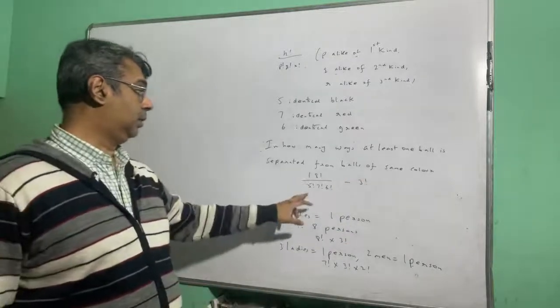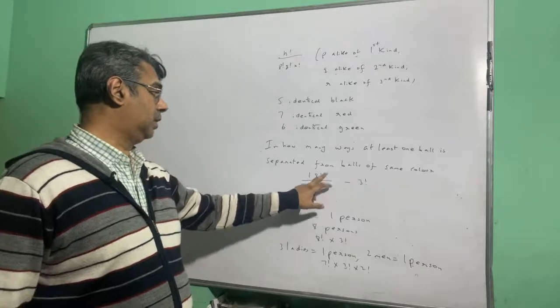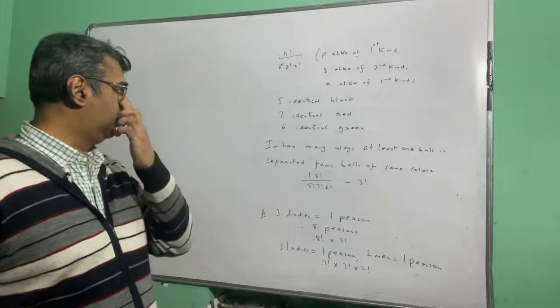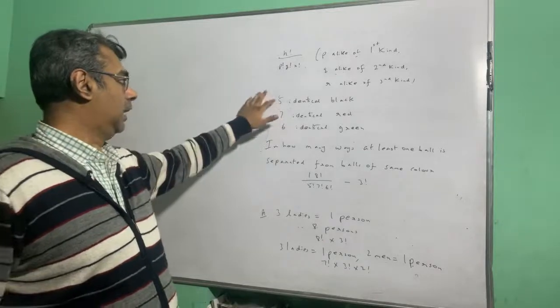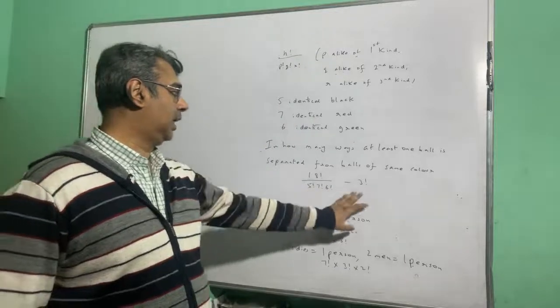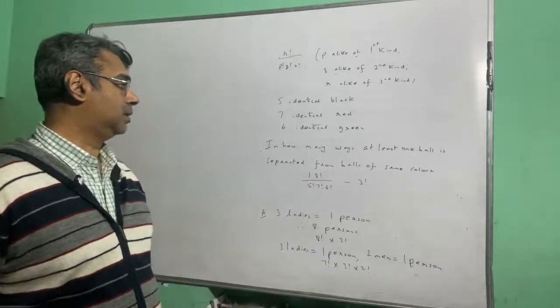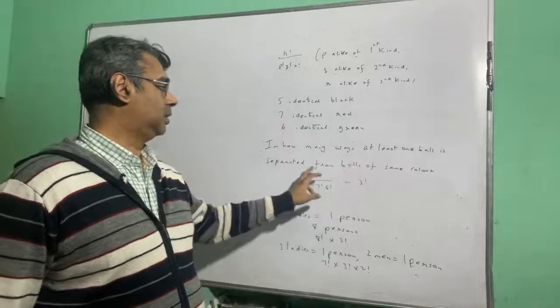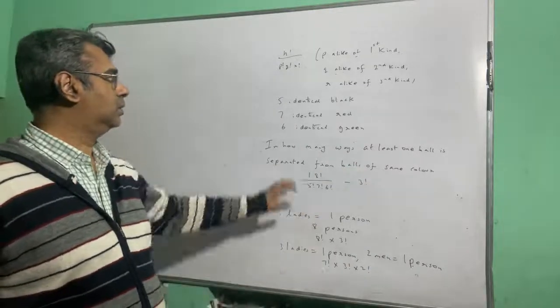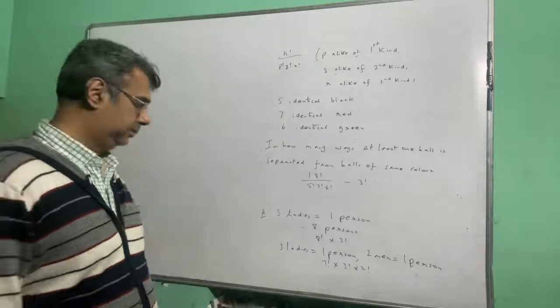So 18 factorial by 5 factorial, 7 factorial, 6 factorial is the number of ways, and then 3 factorial is the count if all the blacks, reds and greens are together. If you subtract these two, this will be the answer, that at least one ball is separated from balls of the same color. So this will be the answer using this formula.